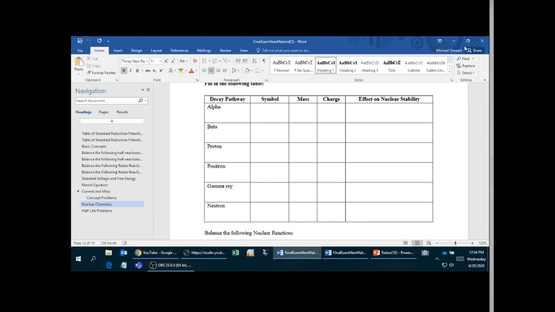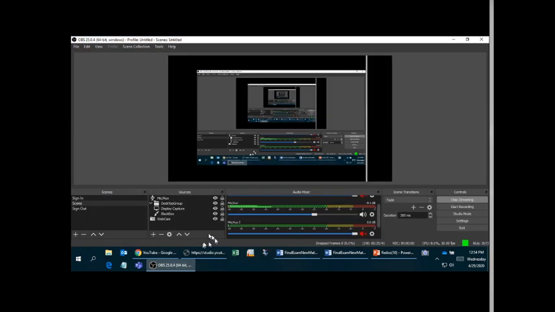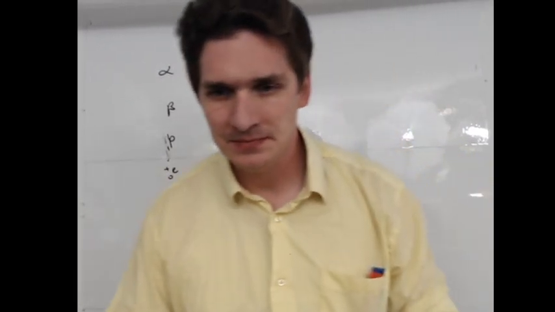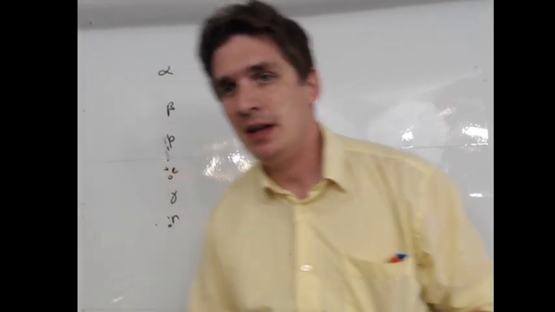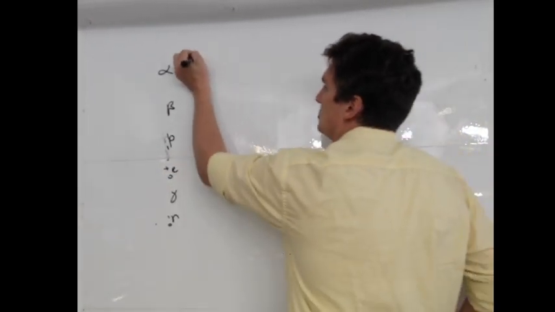The alpha decay, beta decay, proton, positron, gamma ray, and neutron. And hopefully I haven't run the neutron too far down on my board. See it? Yeah, you can see neutron. So the pathways themselves, an alpha decay is when you lose a helium nucleus.